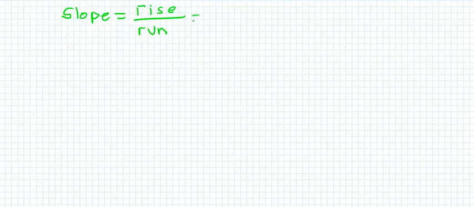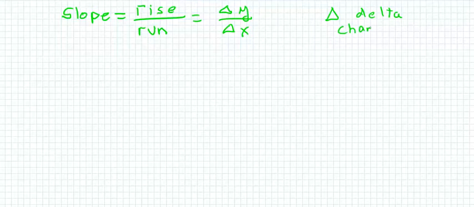And it's really the change in the y-coordinate over the change in the x-coordinate. The triangle is delta, which just means the change. You'll see this in science class, probably chemistry next year for sure.